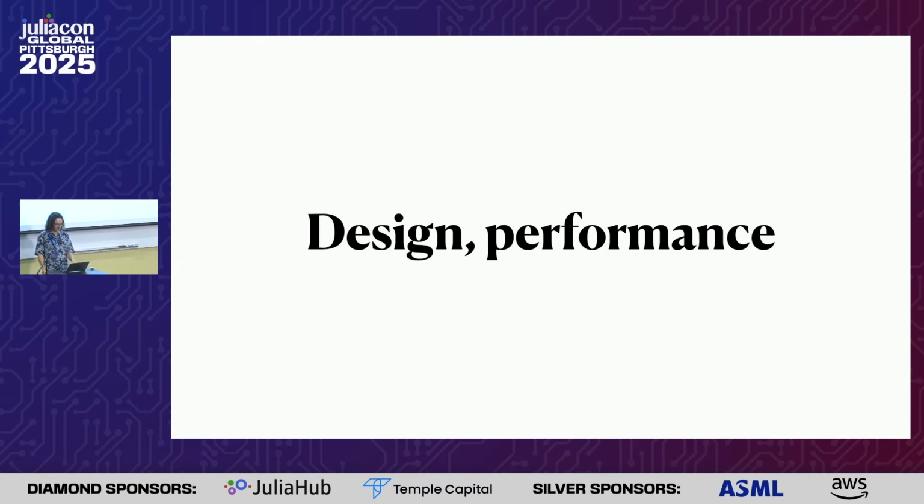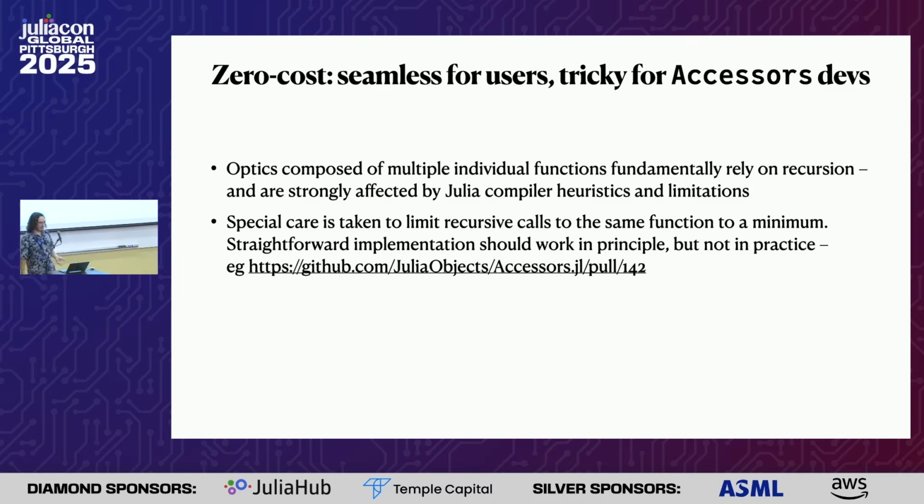And my final part of the talk is the design, performance, and a bit on the future of Accessors. The main constraint that we work with in Accessors is to make it really zero cost everywhere where it's possible. It should be seamless, and it is seamless for users, although it's sometimes very tricky to actually make it work.